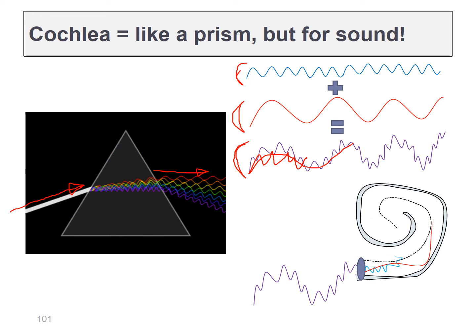When that complex wave hits the cochlea, the high-frequency component will hit the basilar membrane more proximally, whereas the lower frequency waveform will hit more distally. Action potentials will then be sent to the brain from these two locations along the basilar membrane, and it's the location now that is mapped to the brain in terms of frequency.